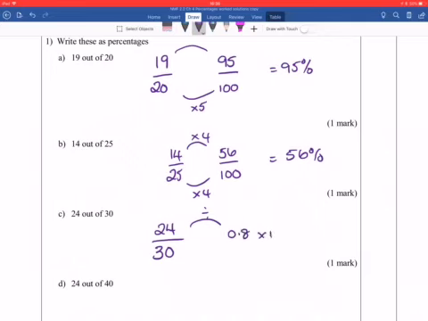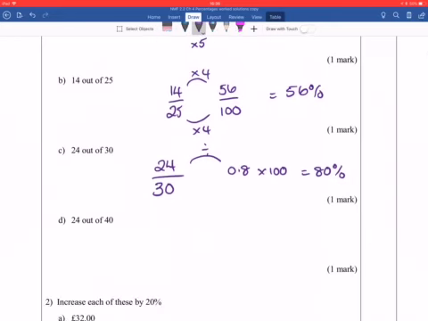You times it by 100 and you get 80%. Okay, 24 out of 40. Divide top by bottom to get a decimal. You get 0.6, times it by 100 and you get 60%.